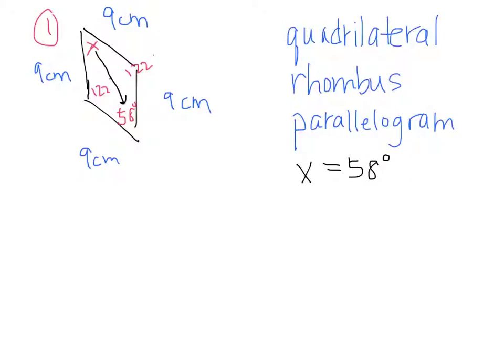Okay, I can take 122 plus 122 plus 58 plus x, which we don't know, and that should all equal 360 degrees. If we put 58 in there, will that solve it for me? Yes, it does. Okay. All right, let's look at the next figure.